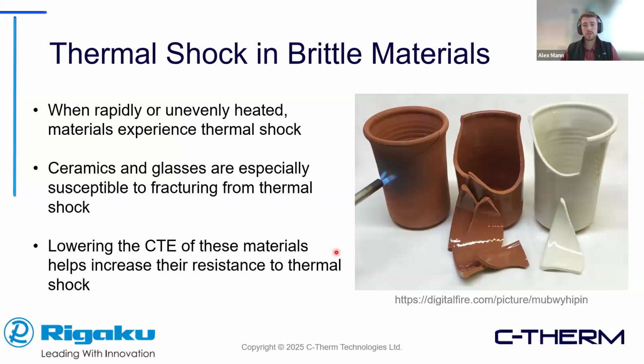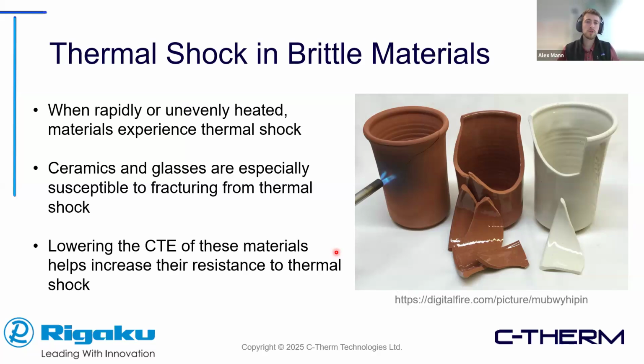So brittle materials, especially glass and ceramics, are very susceptible to thermal shock. Essentially, when they are rapidly heated or cooled, or even if there's a localized area of heating, it can cause the material to break. So lowering the CTE of the material will actually help increase the resistance, because they will shrink and expand less due to these uneven or quick heatings.